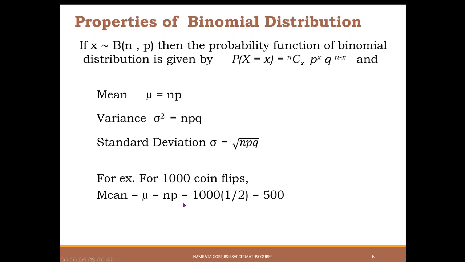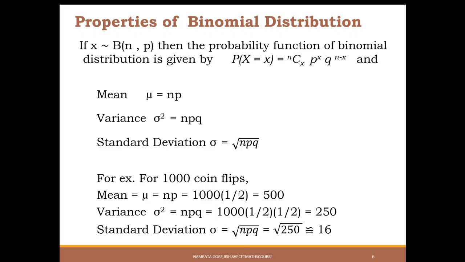So 1000 into 1 by 2, we will get the mean as 500. We will get the variance as n into p into q. So here if p is 1 by 2, q will be 1 by 2, and therefore we get the variance as 250, and the positive square root of variance, that is the standard deviation, is nearly equal to 16.